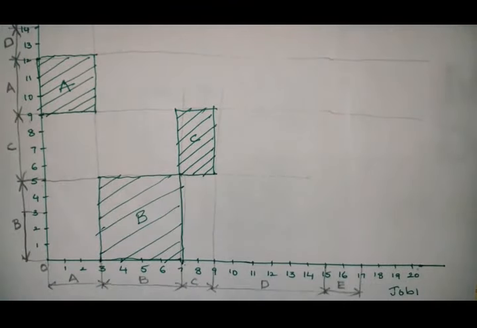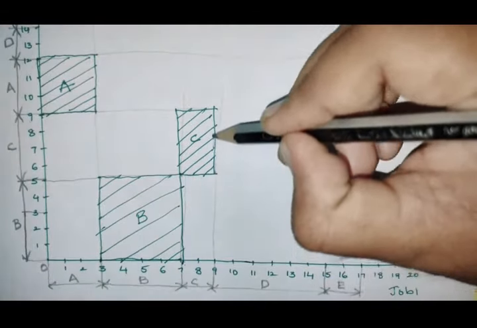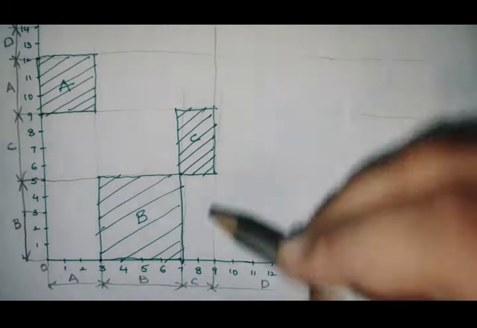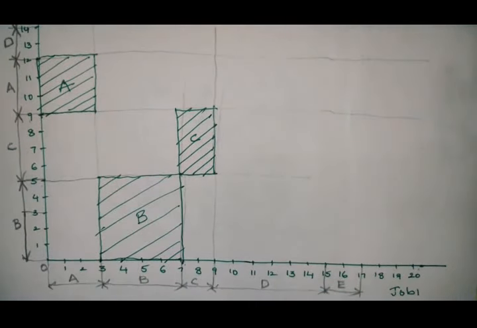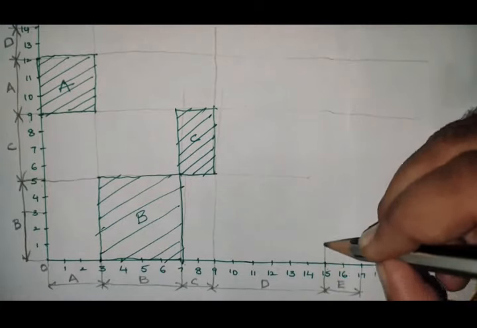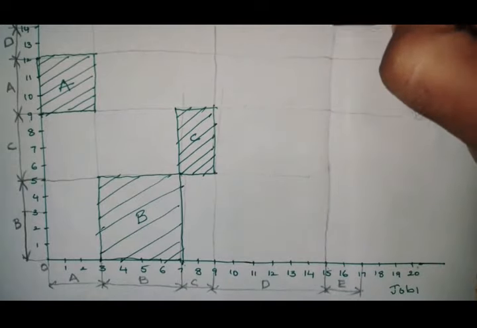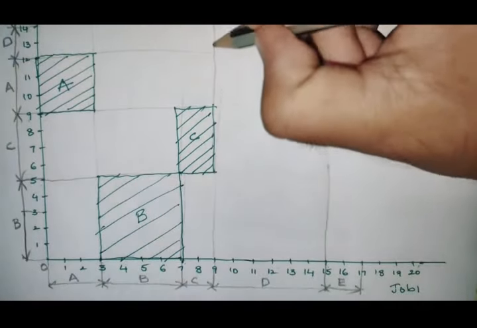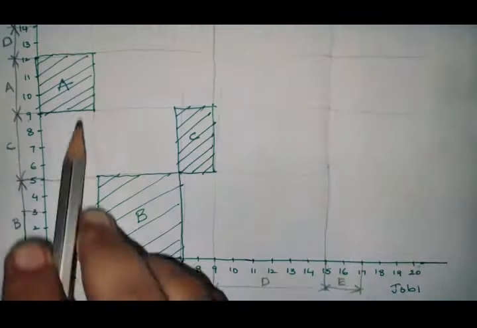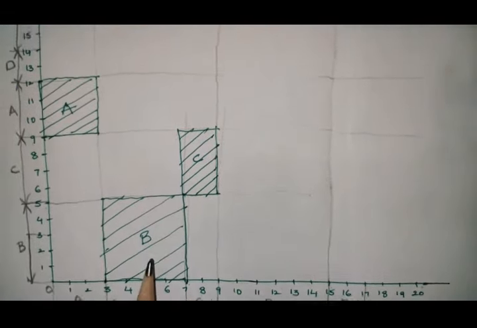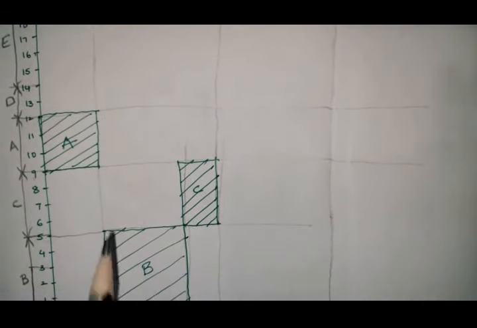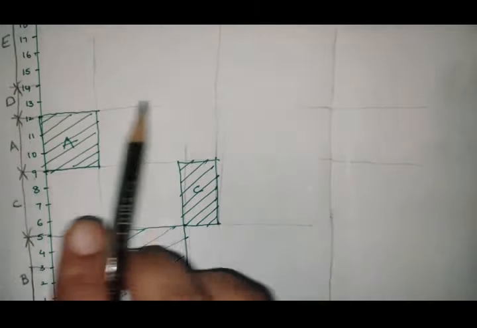Next one is D. So for D, the common region is from 9 to 12. Sorry, from 9 to 15. So now from 15 also draw a line. And here also for job 2, the region of D is from 12 to 14.